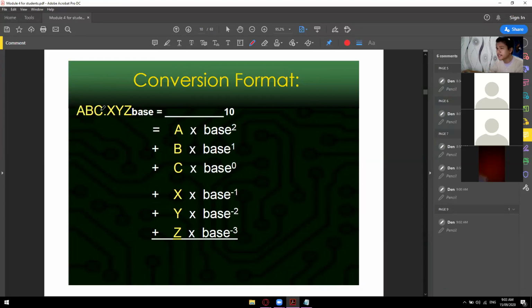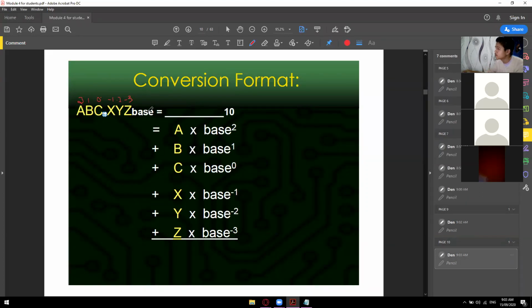So para mas mag-gets nyo to, meron tayong mga example or ito yung actually yung format. So gaya ng sabi ko kanina, mula sa dot, this one is raised to 0, raised to 1, raised to 2. And then mula sa dot ulit, is raised to -1, -2, and then -3. So kung mag-start kayo dito, C times base.